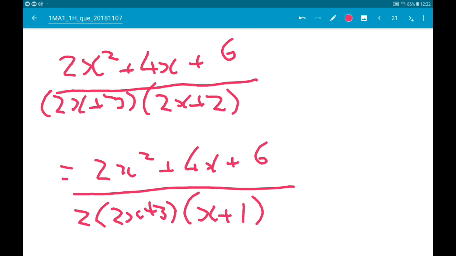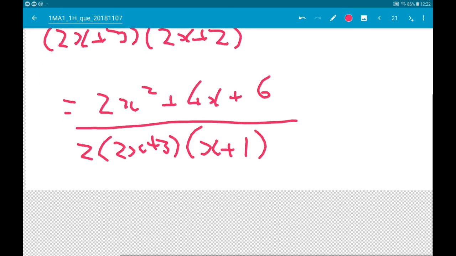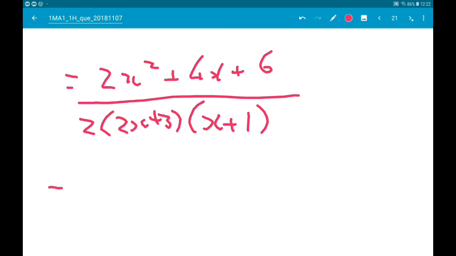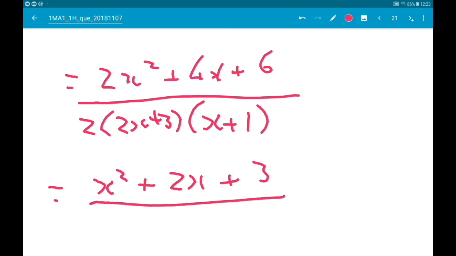So if we now divide top and bottom by 2, we get x squared, something nice might happen, maybe. So we get x squared add 2x add 3. No, there's no nice thing. And then that is over (2x add 3) times (x add 1).